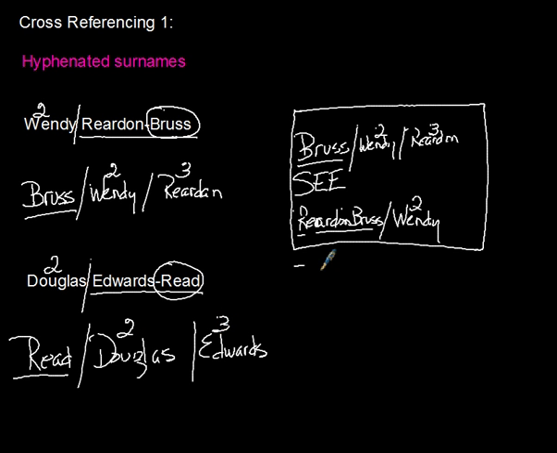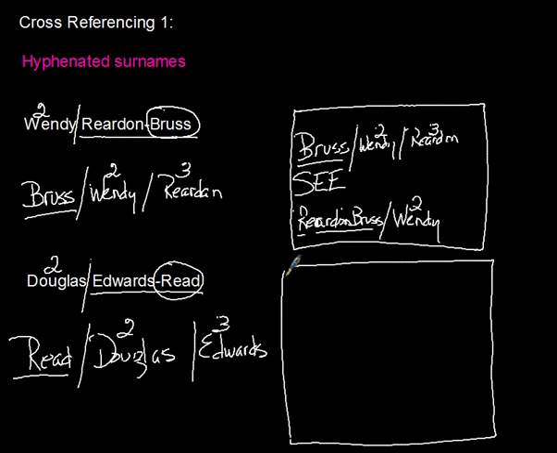When we write our card, the cross-reference record filing segment goes first: Reed, Douglas, Edwards.